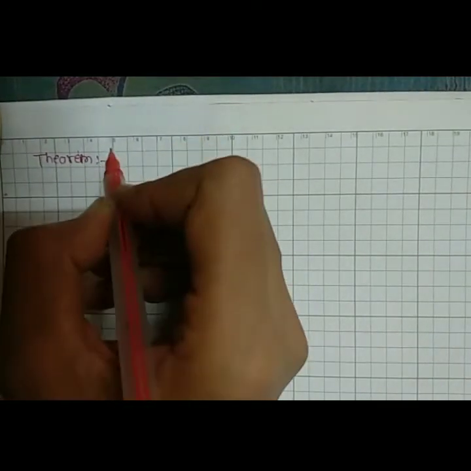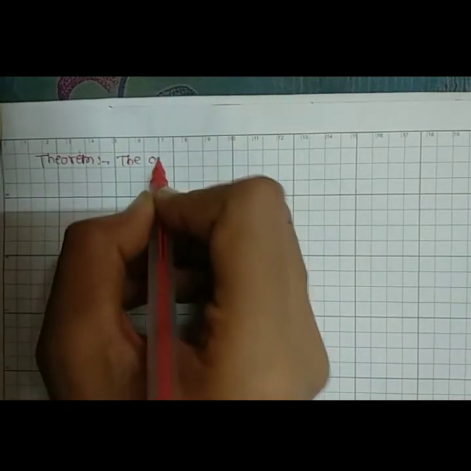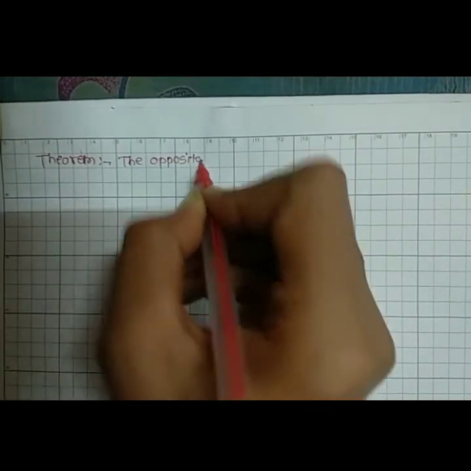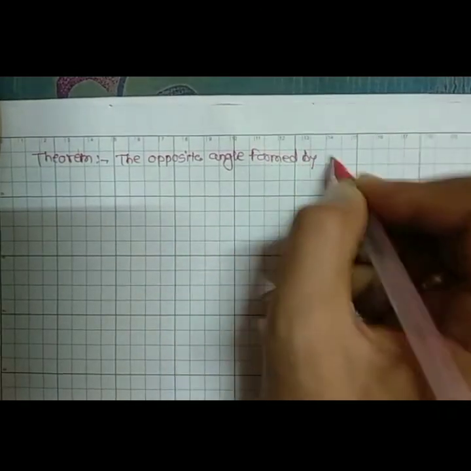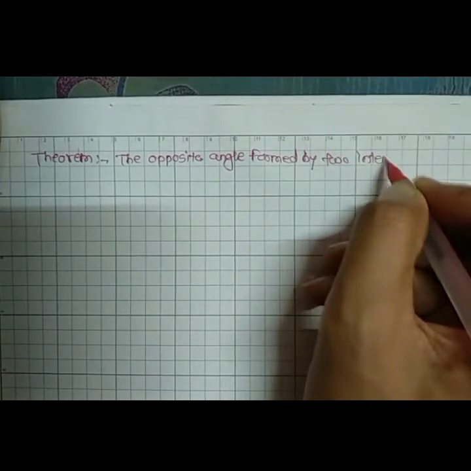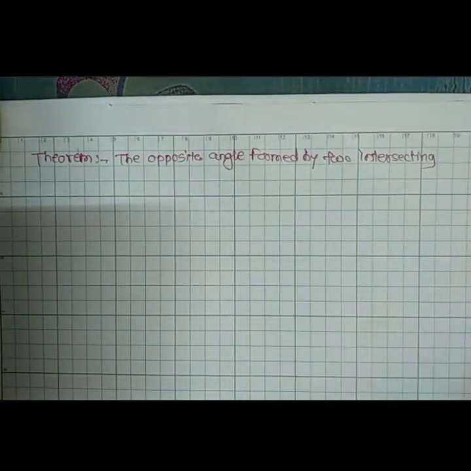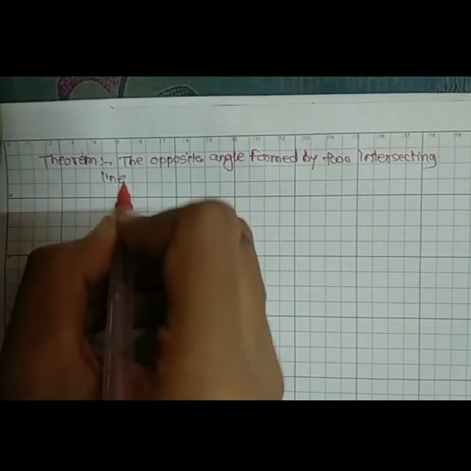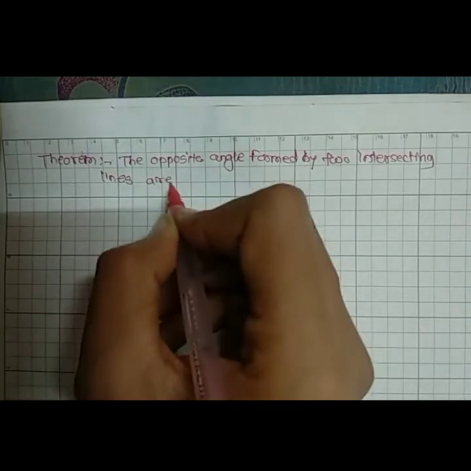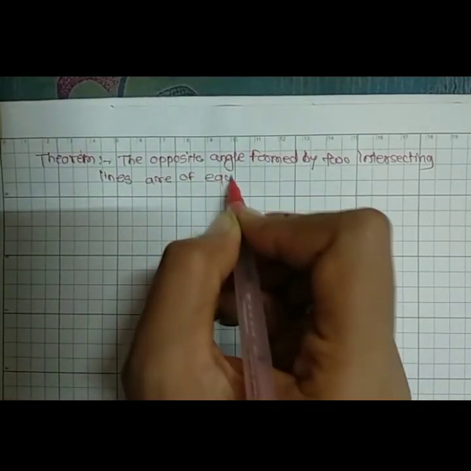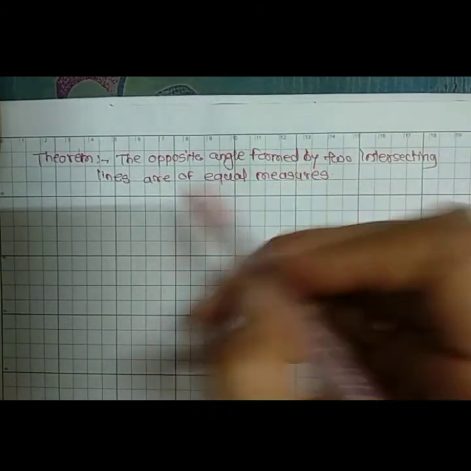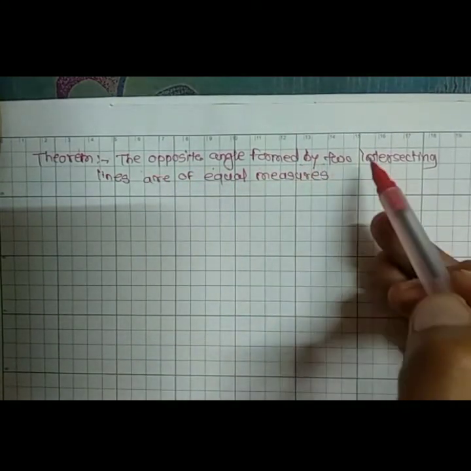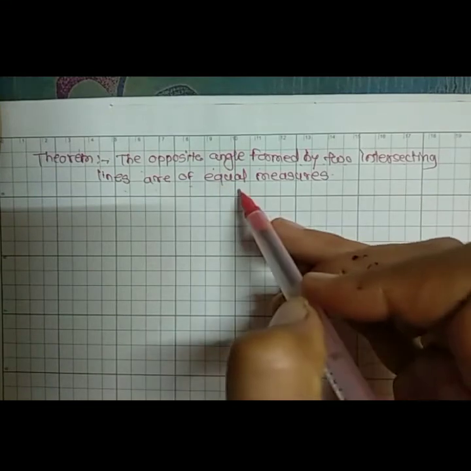The opposite angles formed by two intersecting lines are of equal measures. This is the statement.